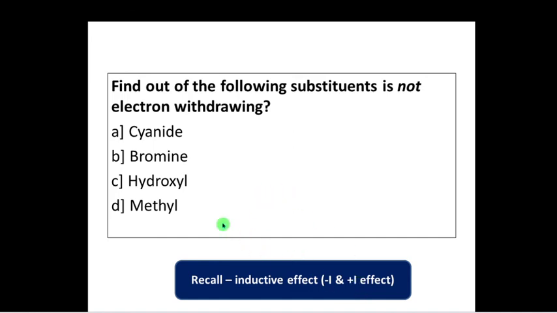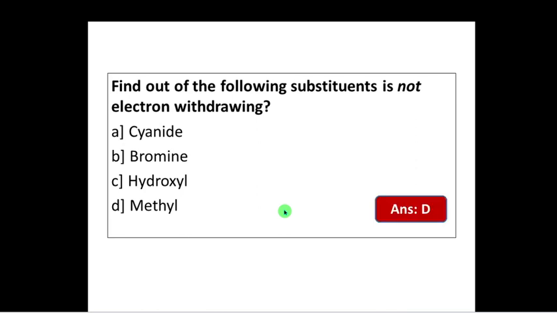Among these options, option D is the odd man out. The one that is not electron withdrawing is our methyl group, so option D is the correct one.